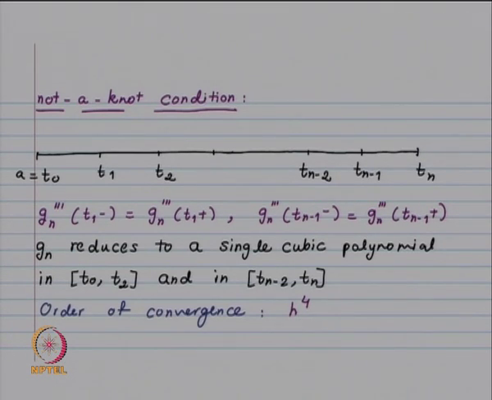So, such a polynomial is going to be unique, and in this case the order of convergence is restored to h raised to 4. So, now this completes our polynomial interpolation.